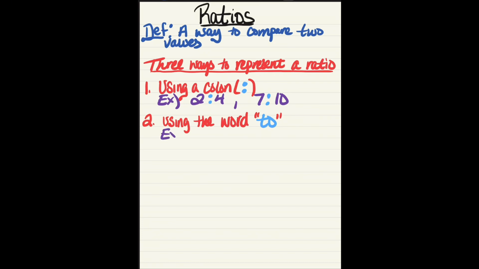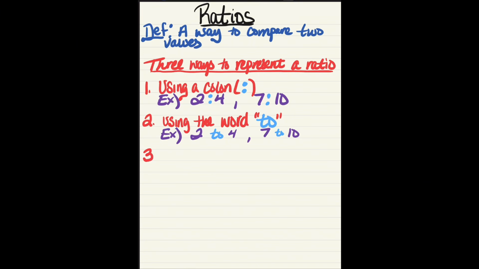For example, we're gonna use the same numbers. 2 is gonna go first. 2 to 4. Next example, 7 to 10. All right.